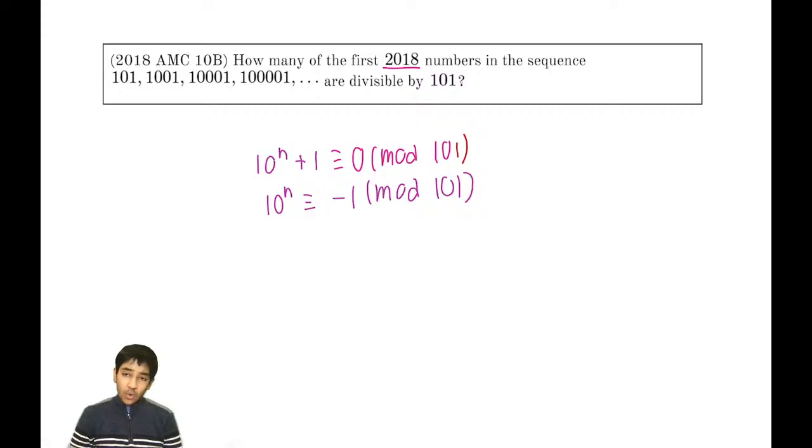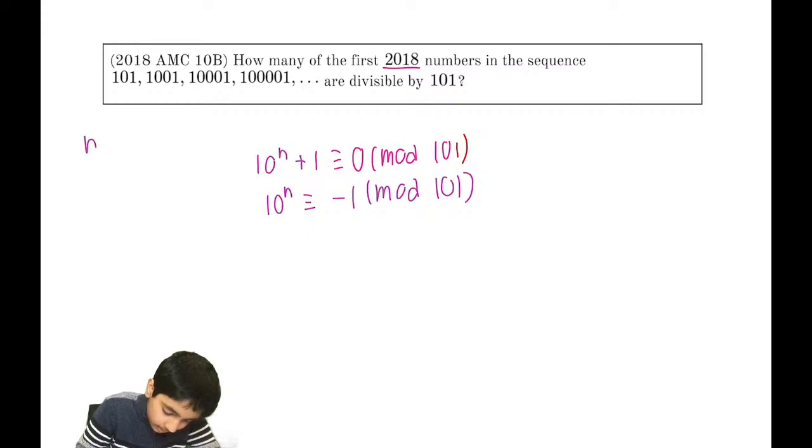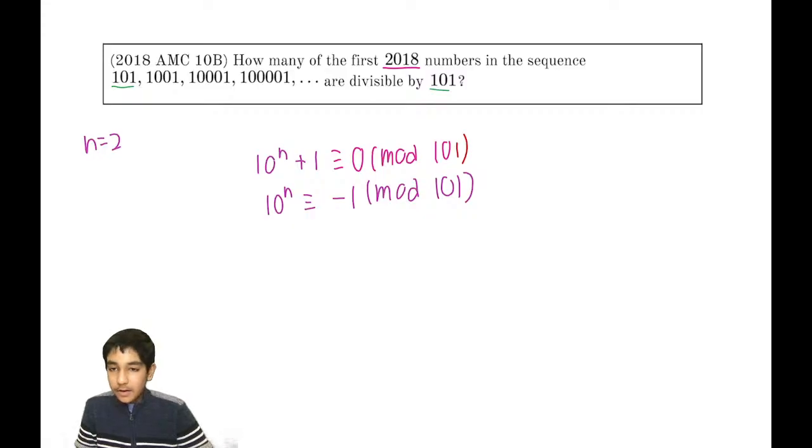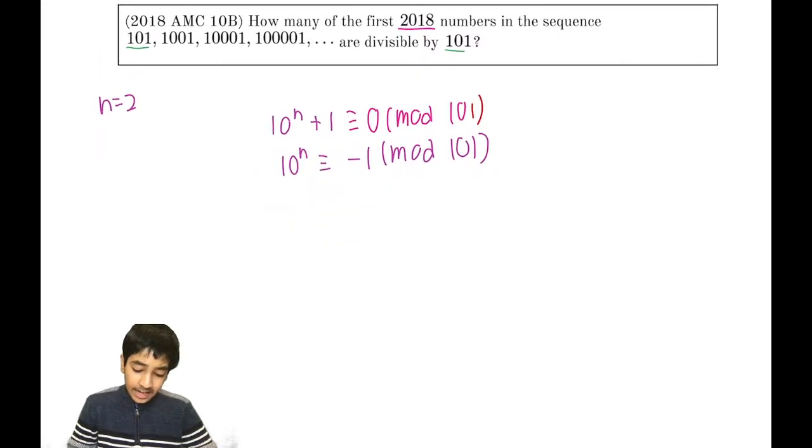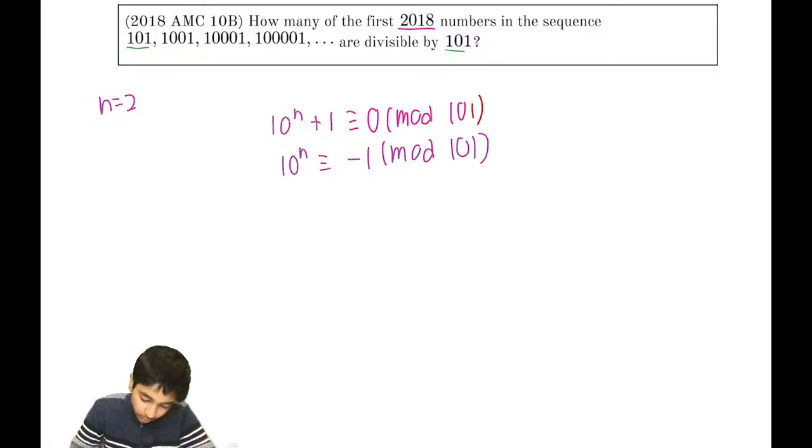Well, clearly n equals 2 works, right? 10 squared is 100, and 100 is negative 1 mod 101, because 101 is always 0 mod 101. So we know 10 squared is negative 1 mod 101.